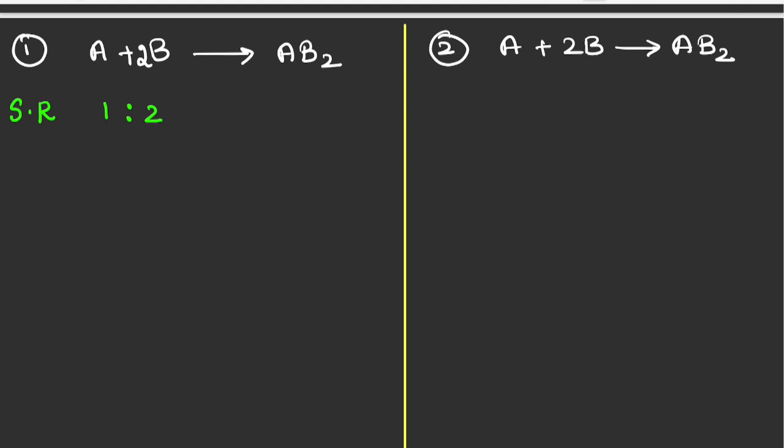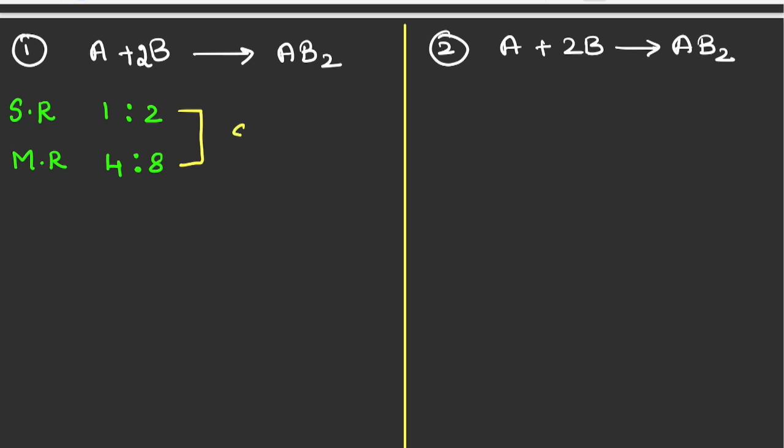Next we will write the mole ratio. The information about the mole ratio will be given in the question. Suppose, for example, the mole ratio is given as 4:8. Now tell me whether the stoichiometric ratio and mole ratio are the same or different.